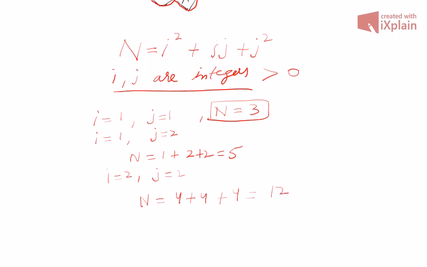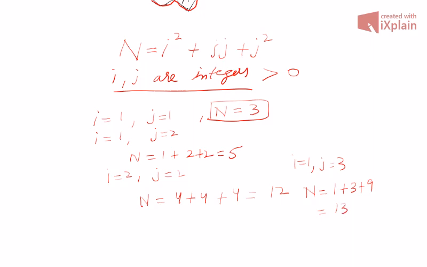And if I put i equal to 1, j equal to 3, then 1 plus 3 plus 9, which is 13.